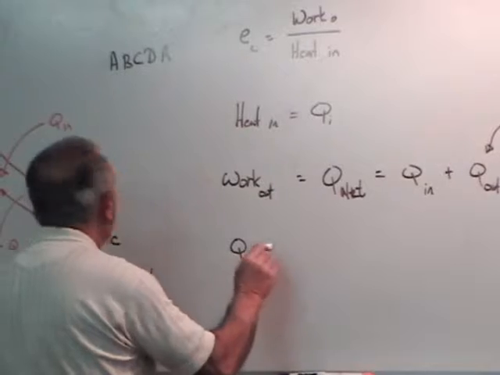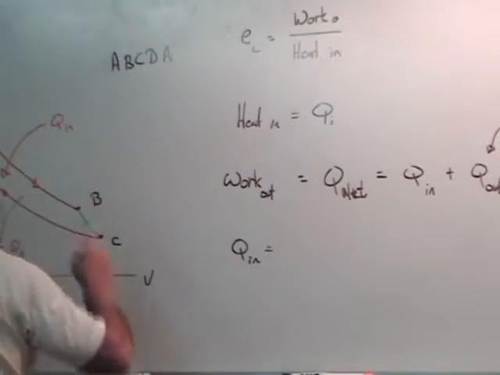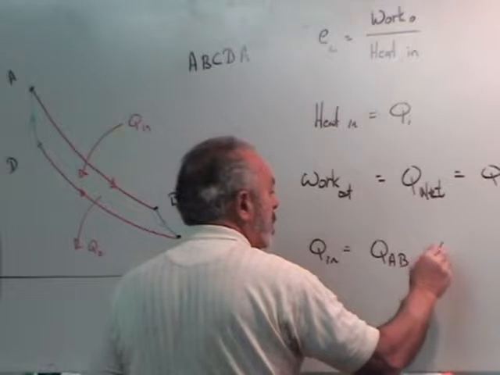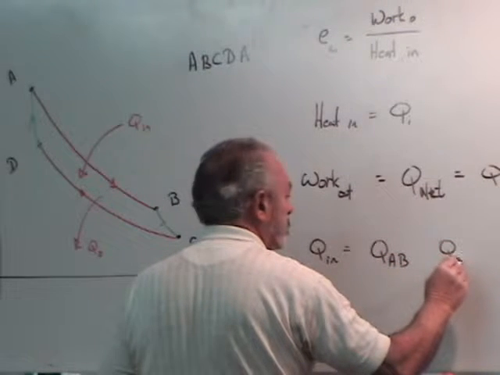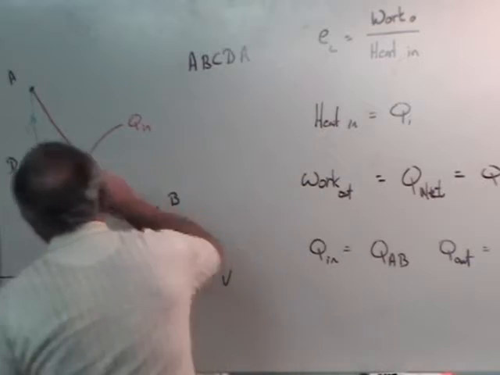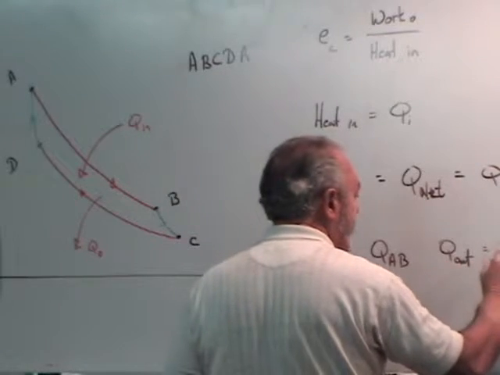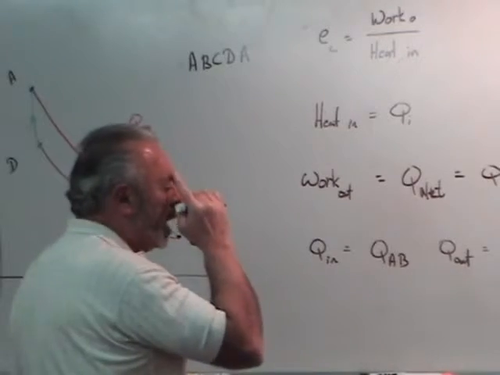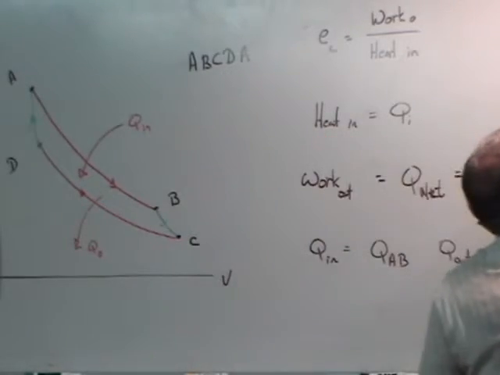What did I write next? I said Q in equals QAB, and Q out is going to be QCD. And let's use those now just to write down the Carnot efficiency.